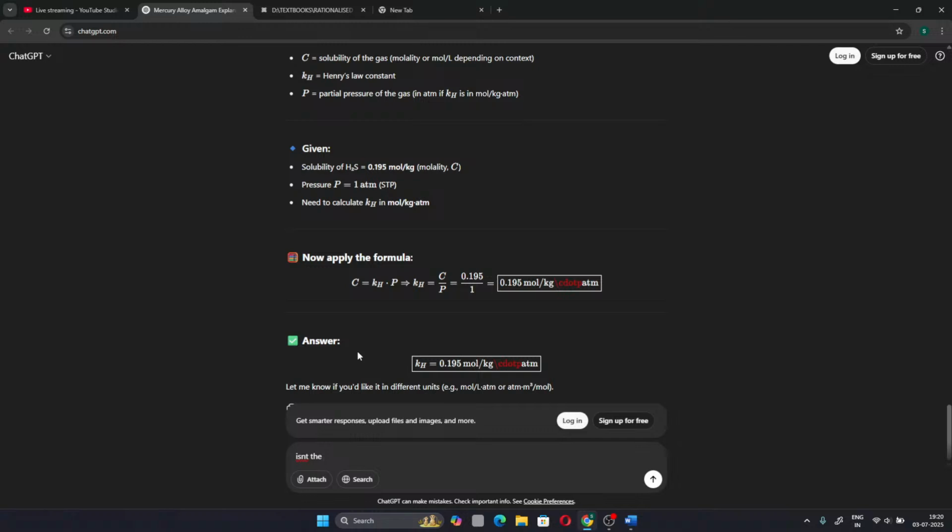Isn't Henry's law formula partial pressure equals the product of Henry's constant and mole fraction?